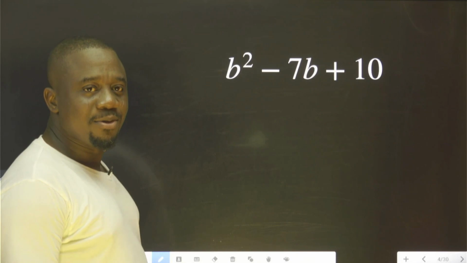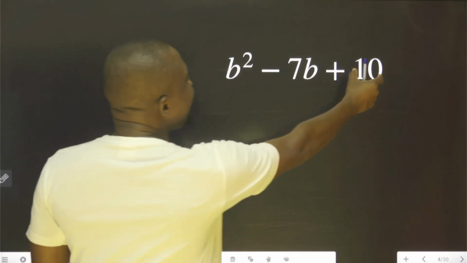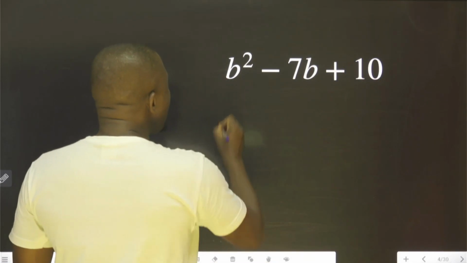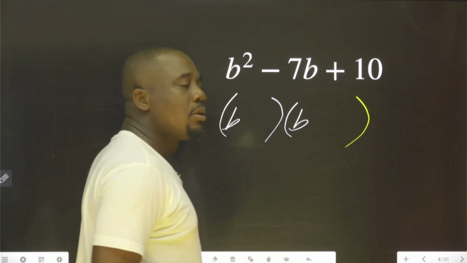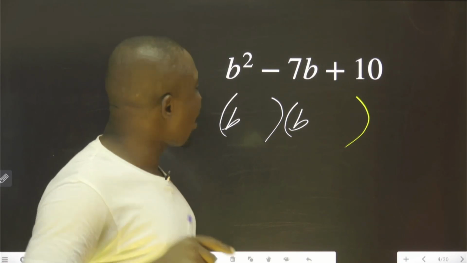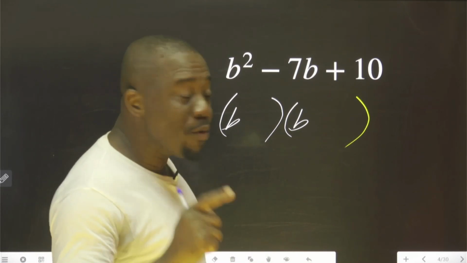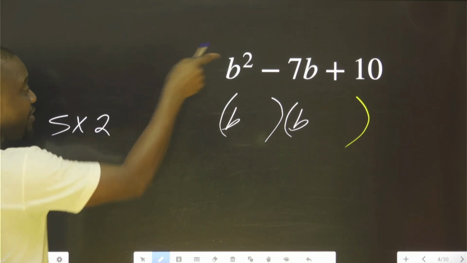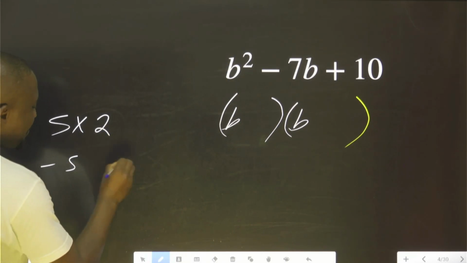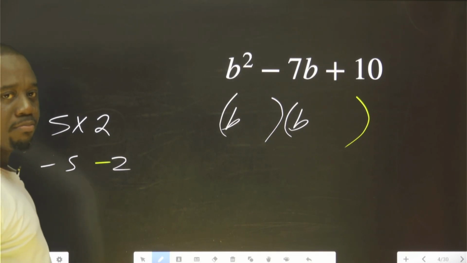Let's look at this. Two values. When you multiply them together, you have 10, and if you add them, you have minus 7. You agree with me that 5 multiplied by 2 will give us 10. Minus 5 minus 2 will give us minus 7.